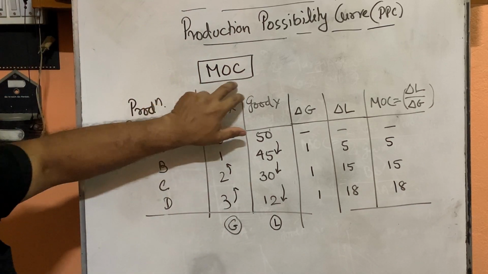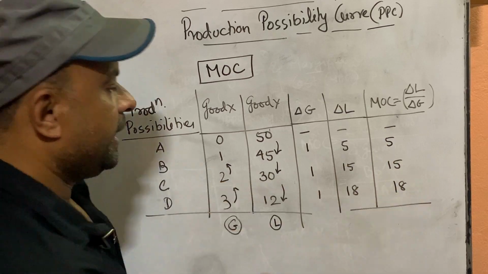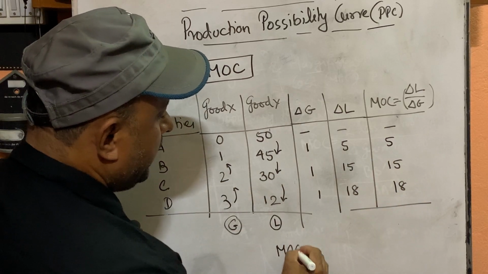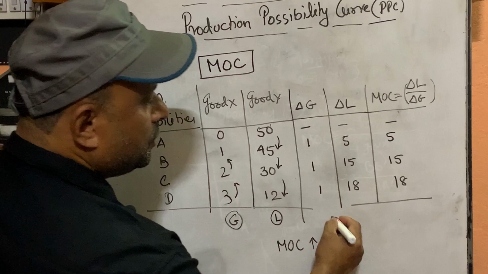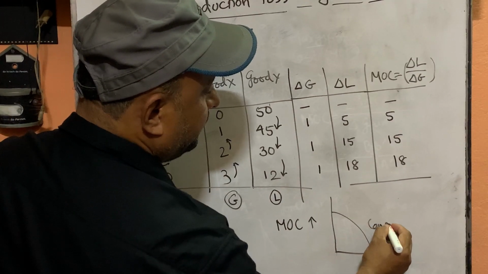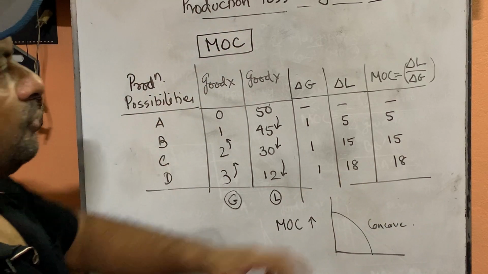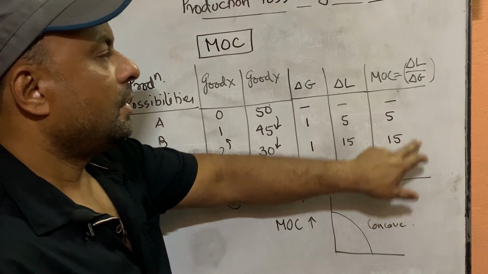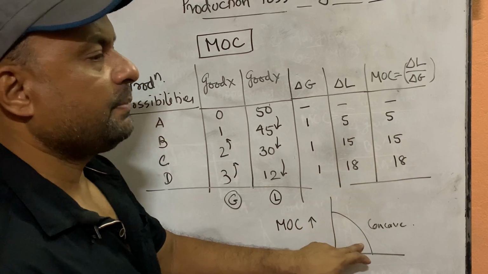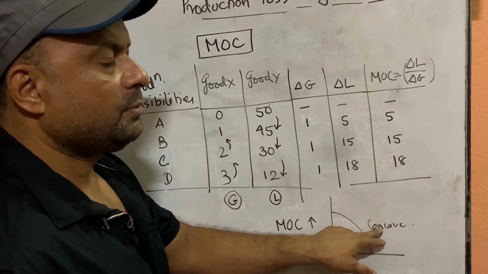Now based on that, we have to explain the shape of the PPC. Here in this question, MOC increases, so the shape of the PPC will be concave. Okay. Based on the pattern of MOC, we can conclude the shape of the PPC. If MOC is increasing, PPC will be concave.